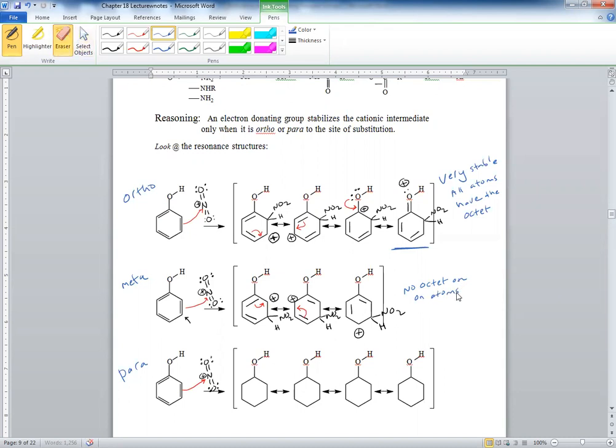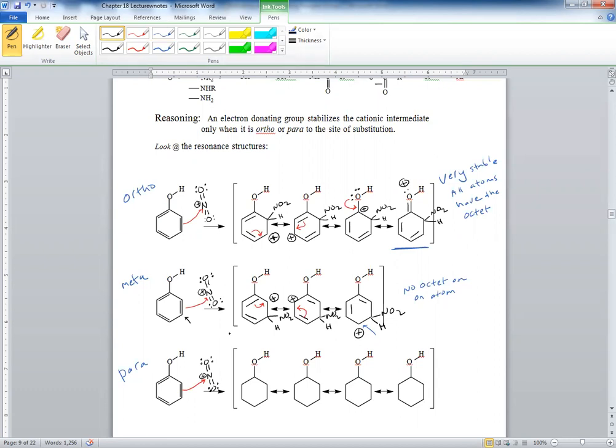So in this case, the carbon atom, this proves to be not as stable as having all of these. If you notice here, they all have octets. In this case, especially at the last structure, there isn't a single structure here where you have an octet on every atom. So one of them, especially this one, has no octet. So that's why meta is bad.